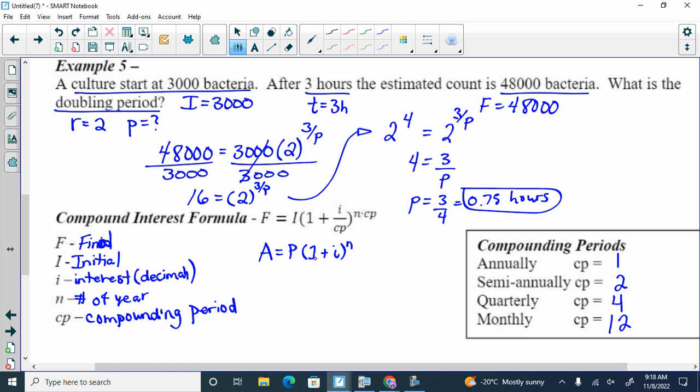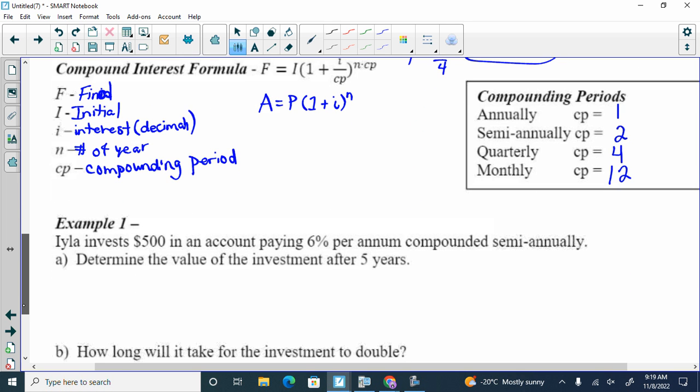And then n you have to multiply by compounding periods, because if it compounds 12 times a year and it's in for 3 years, that's 36 compounding periods. So even though they show it like this, your i has to be divided by compounding periods, and your n has to be multiplied by compounding periods, because it's all the compounding periods that exist. Okay? Every single time.